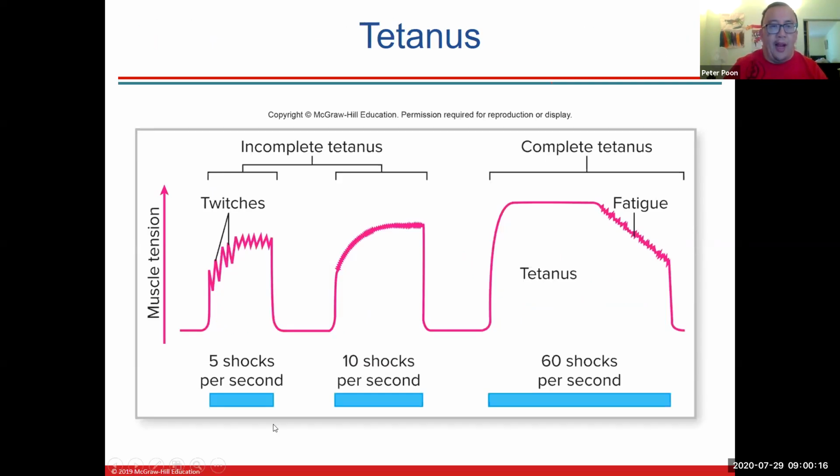If I add more twitches, I can eventually get to where there's no more shortening of the muscle. It's just as tight as it goes. So this is incomplete tetanus. You see how there's still slight relaxation of the muscle before it hits this level.